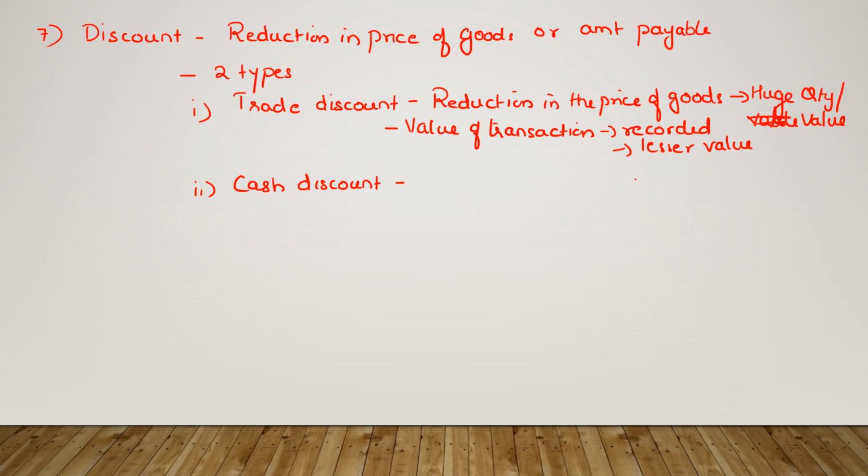And for the purchaser, the customer will also record the transaction as 1,27,000. 1,30,000 is not going to be considered at all. Total value of the transaction only would be treated as 1,27,000. So when it is a trade discount, it does not come into the books of accounts at all. The reduced value of the transaction would come into the books. That is trade discount. So at the net value it is going to be recorded.